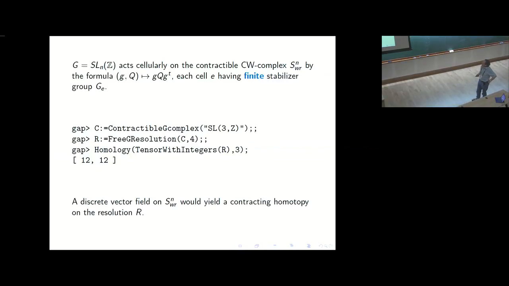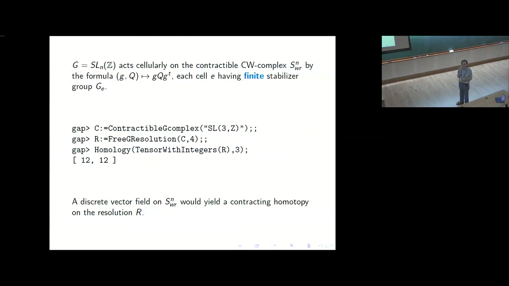And then a discrete vector field on the space, or the cubic tree, or Ash's retract, would actually allow you to construct a contracting homotopy on R, which would be very useful for constructing things like Hecke operators that are of interest to number theorists. But at the moment, I certainly know how to construct a contracting vector field on the cubic tree.